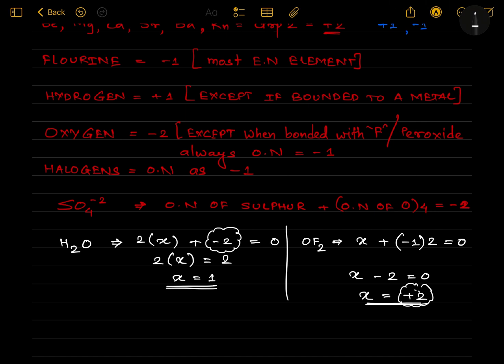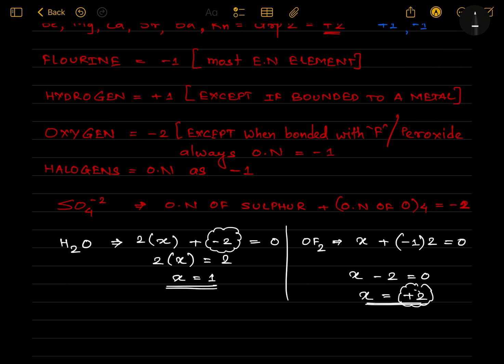Obviously not for fluorine, because it is the topmost in that list, so no one can overpower it, and it has to have a -1 oxidation state. But for other elements, I need to work upon how the elements are combined with each other, whether it is a metal or a non-metal, and then talk about the oxidation states. I hope this is clear.